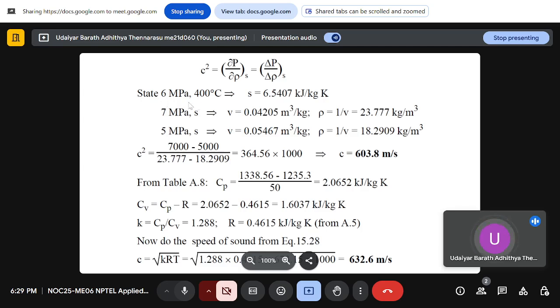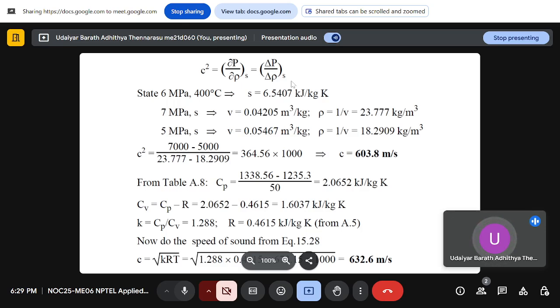So at 6 megapascal and 400 degrees Celsius, my entropy is 6.5407 kilojoule per kg per K, and we need to find the properties at 7 megapascal and this entropy, and at 5 megapascal and this entropy.